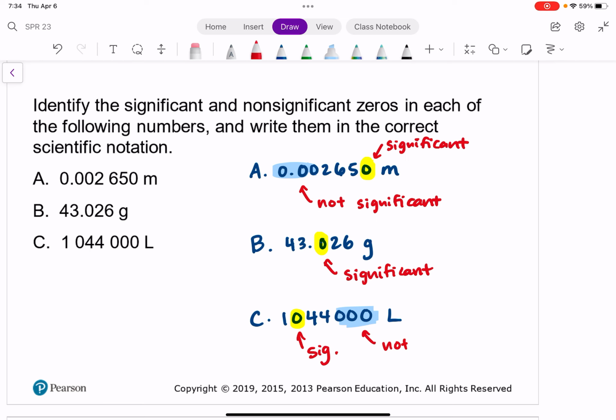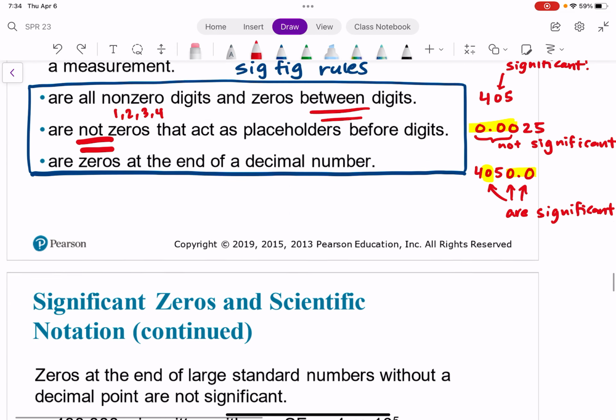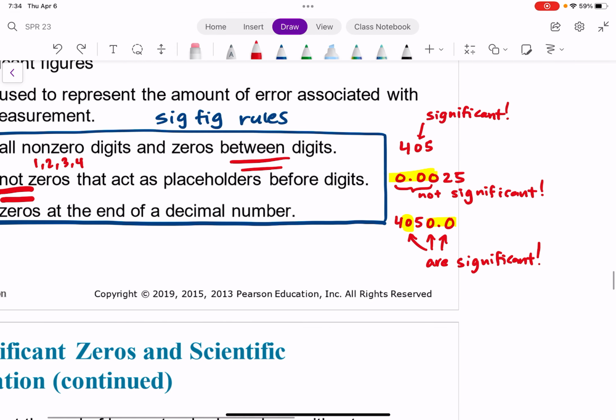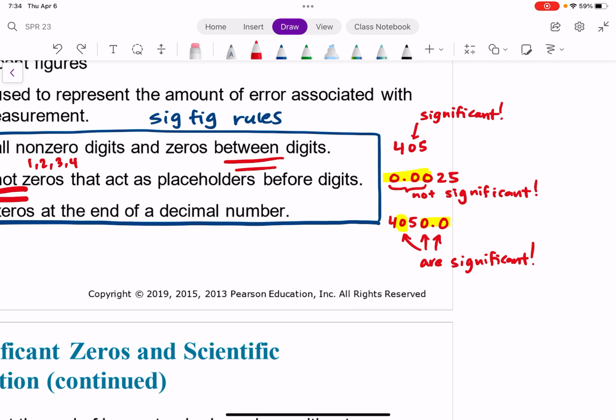Why aren't they significant? Yeah, there's no decimal point in this number. If there was a decimal point right here, would they be significant? Yeah, they would, because now there's a decimal point. Just like here, these are significant.